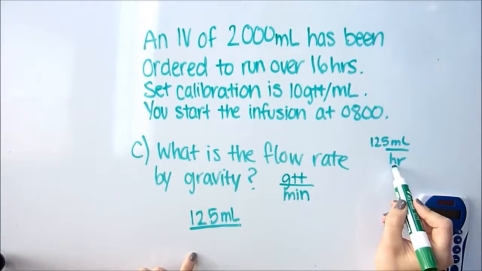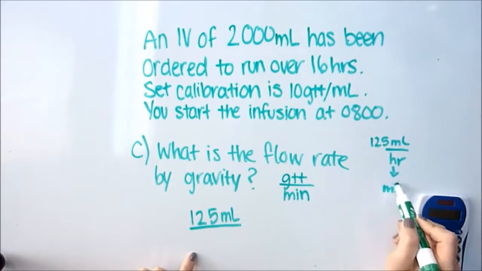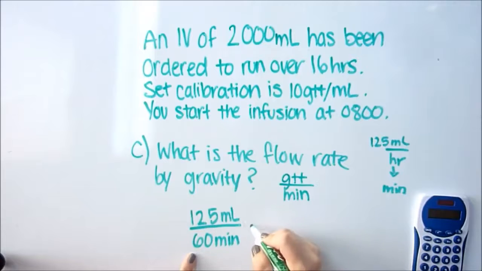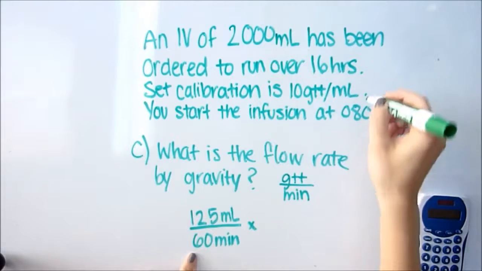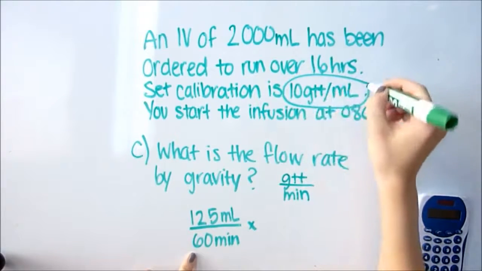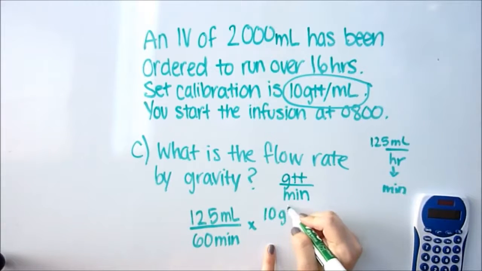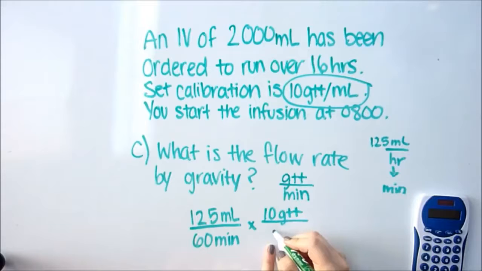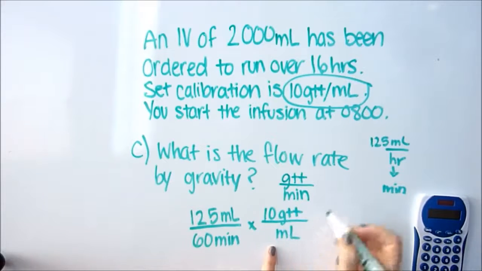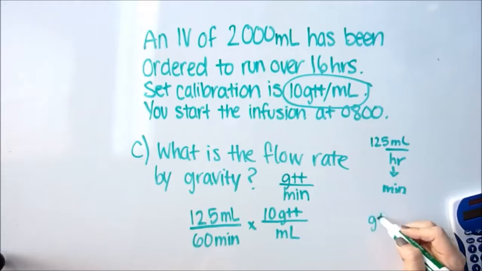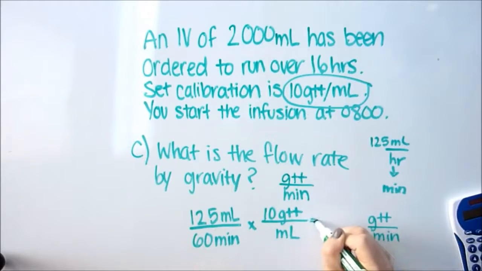And remember, hours, we need minutes, right? Hours to minutes, which is 60 minutes in an hour, multiplied by our calibration, which is 10 GTT per ml. Because we're looking for drops per minute.